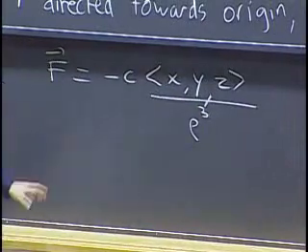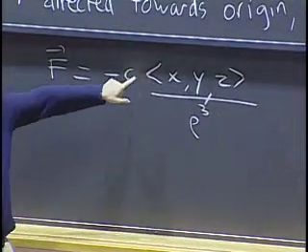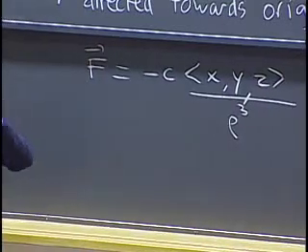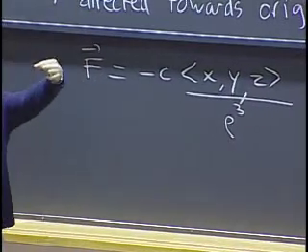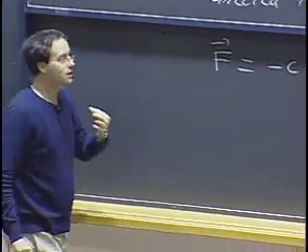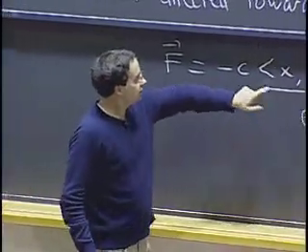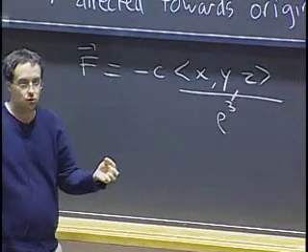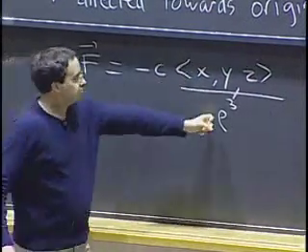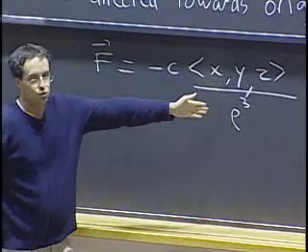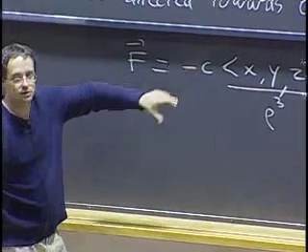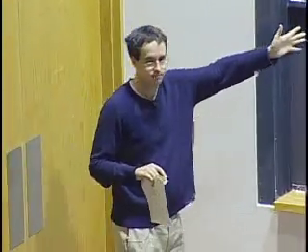The direction of this vector is proportional to negative x, y, z: the vector x, y, z goes from the origin to your point, and the negative goes towards the origin. The magnitude of x, y, z is just the distance from the origin, rho. So the magnitude of this thing is one over rho squared times some constant factor. That would be an example of a vector field that comes up in physics.